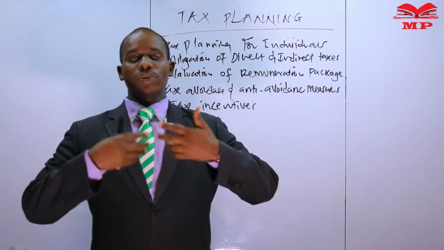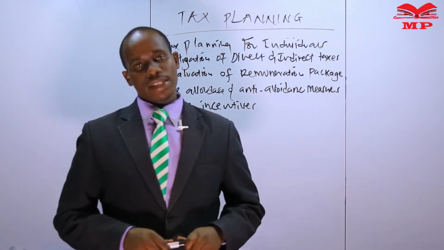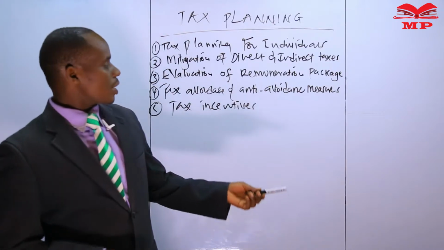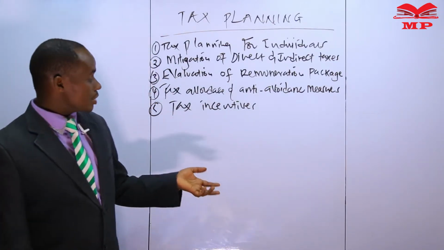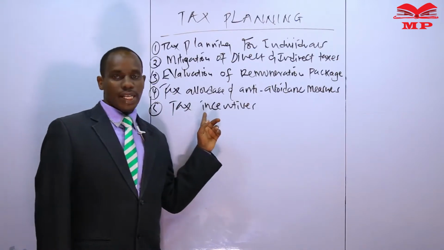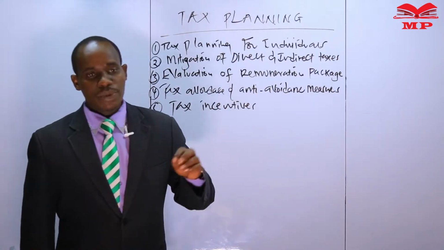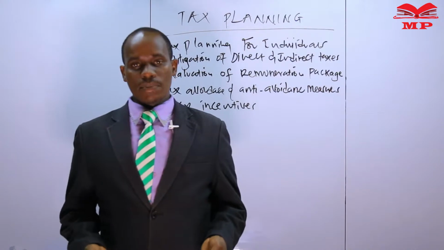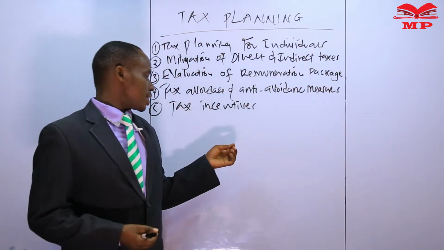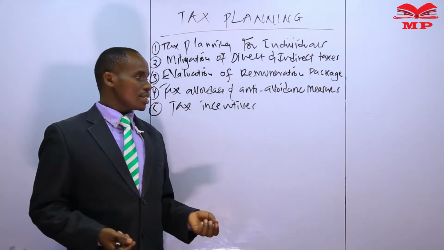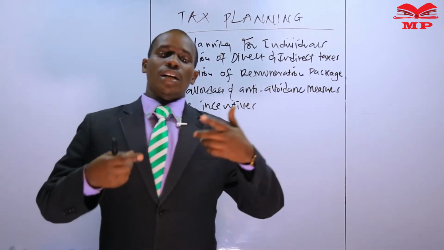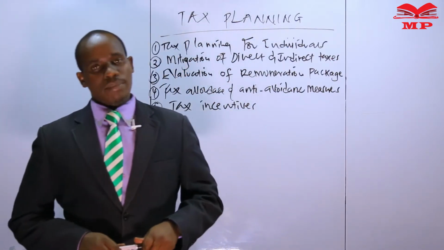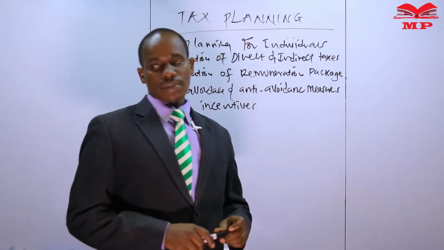The government may want to have new taxpayers in the system. But how can we attract these new taxpayers? We can attract them through tax incentives. So we give them tax incentives, as we are going to see later, the types of incentives which are meant to attract them so that they can join the tax system.